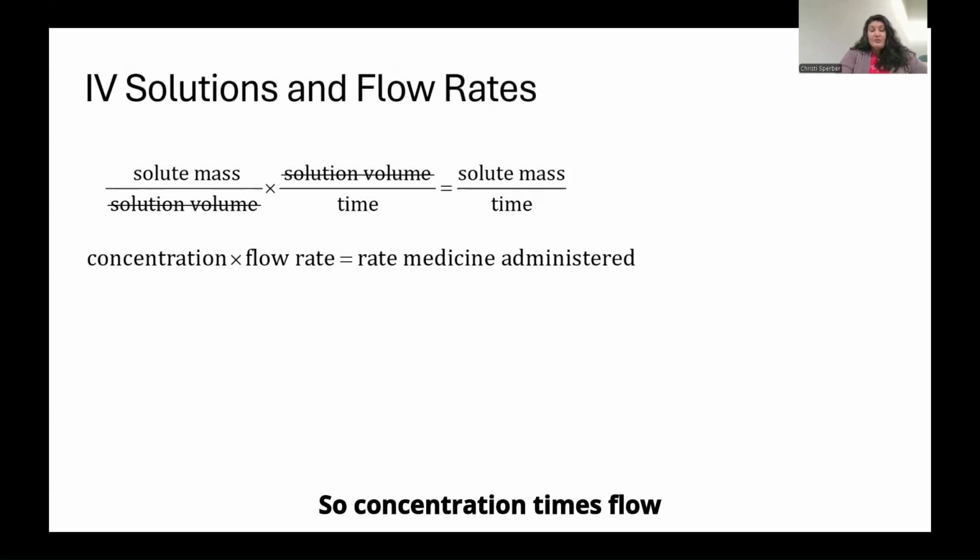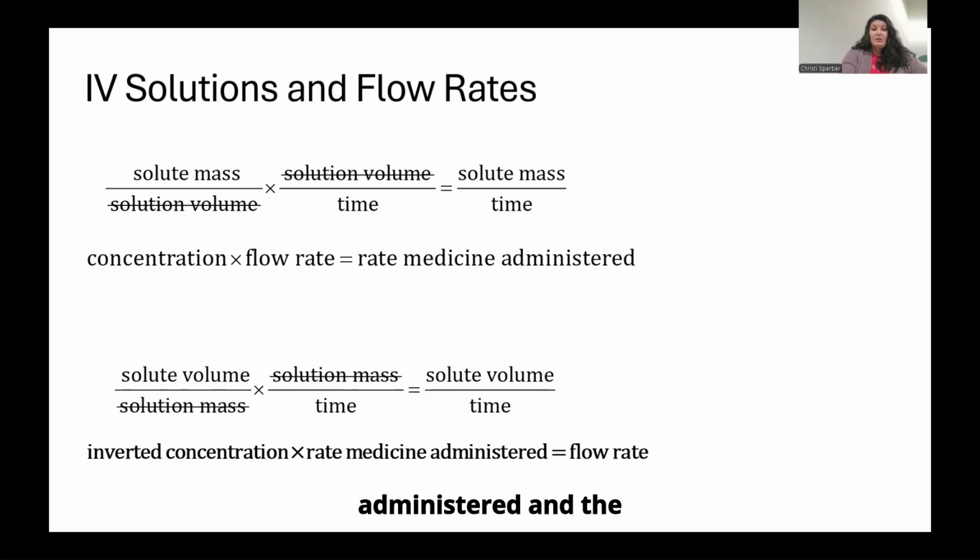So concentration times flow rate gives the rate medicine administered. And the inverted concentration times the rate medicine administered gives you the flow rate. I'm going to work through the practice problems using dimensional analysis, just canceling out units.